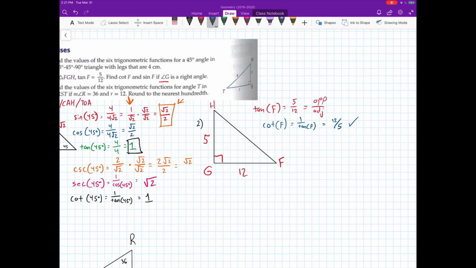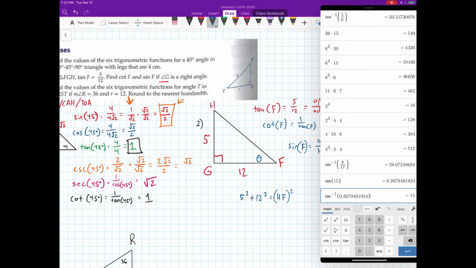First I'll just go ahead and write it out. So sine of F is going to be opposite over hypotenuse, right? So 5 over something. To figure out that something, I'm just going to do 5 squared plus 12 squared is equal to HF squared.